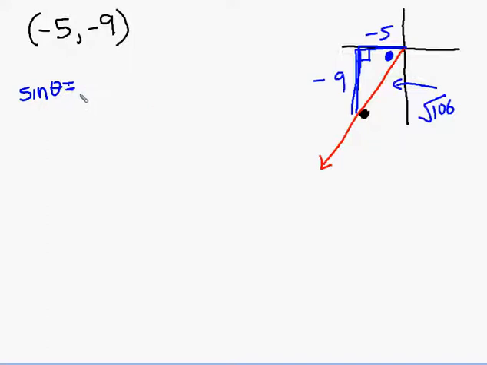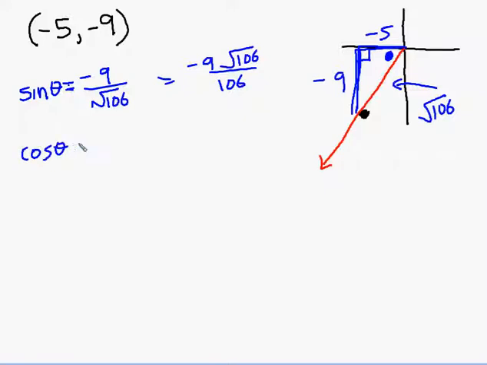So what would be the sine of the angle? Sine negative 9 over root 106. And then we'll rationalize it. So negative 9 root 106 over 106. Okay, cosine. What would be the cosine of that angle?